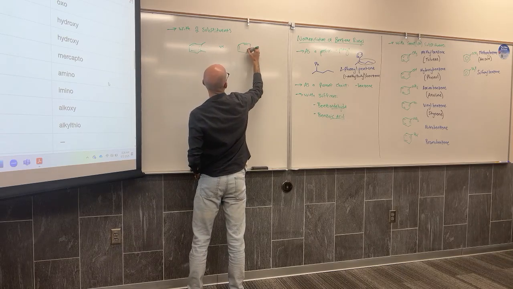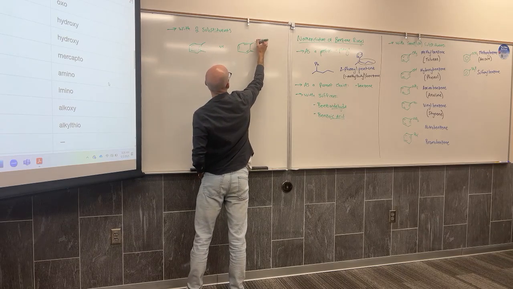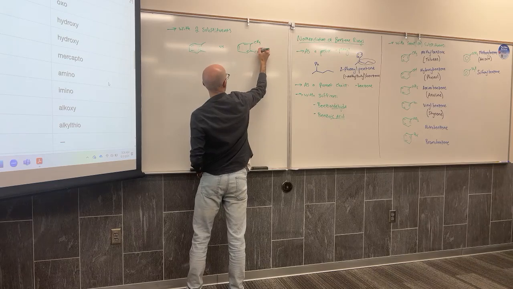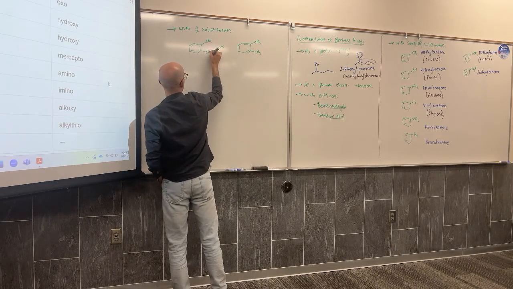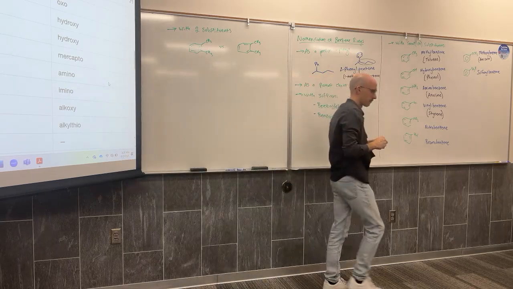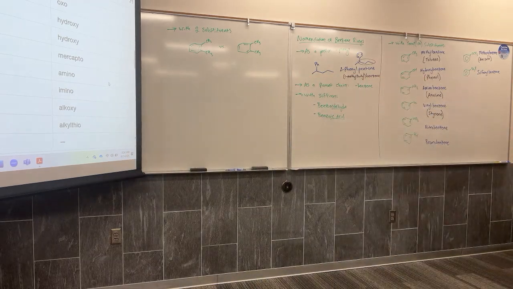You'll need to pay careful attention to where the double bonds are. Or if you don't want to pay careful attention to where the double bonds are, then you just need to shift where you draw the two methyl groups.